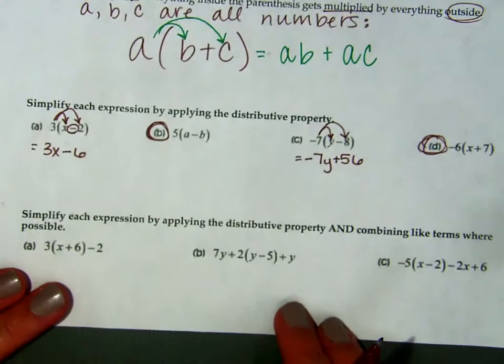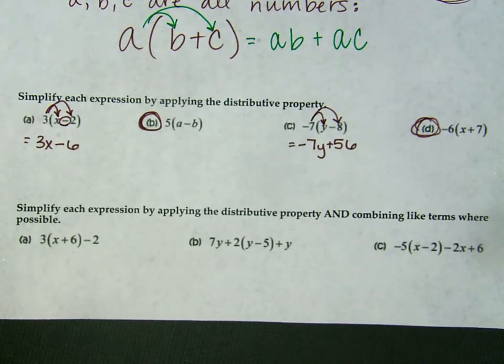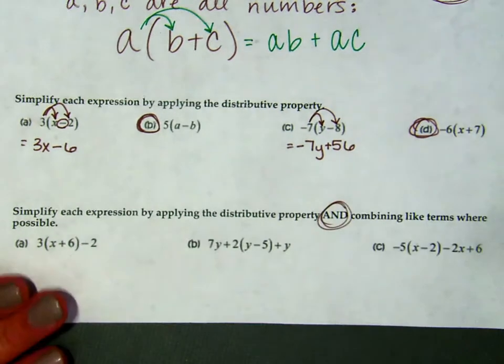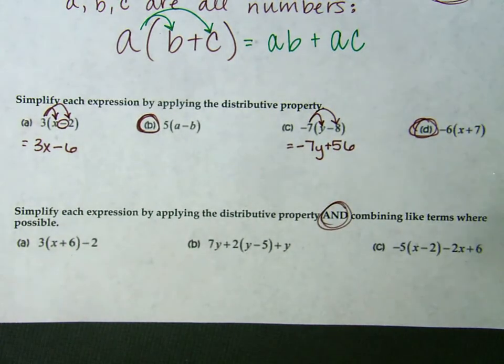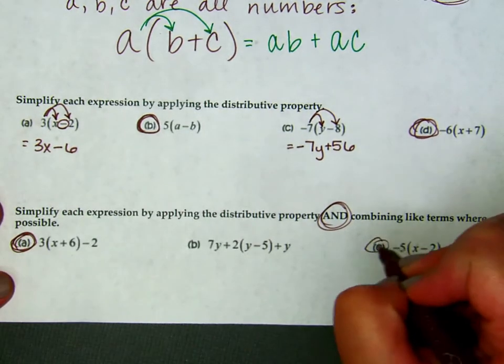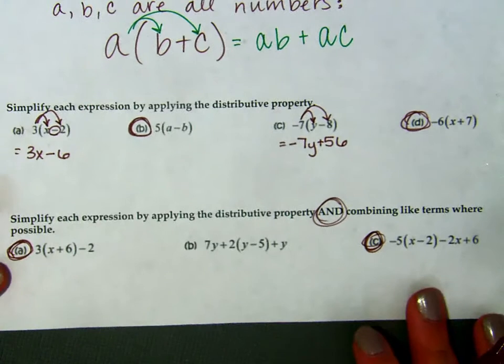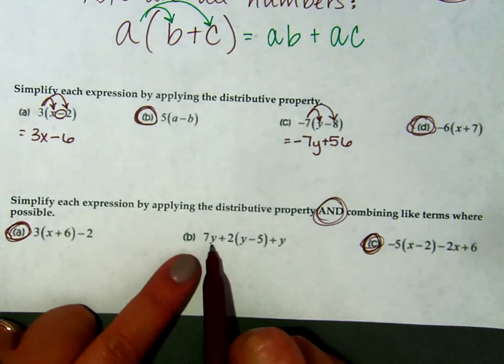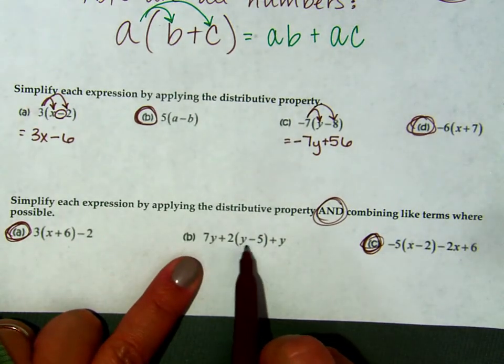And the last part, simplify each expression by applying the distributive property and combining like terms. So we're distributing first, and then we'll combine like terms. I'm going to do B, so you have to do A and C. Example B says 7y plus 2 times the quantity y minus 5, plus y.